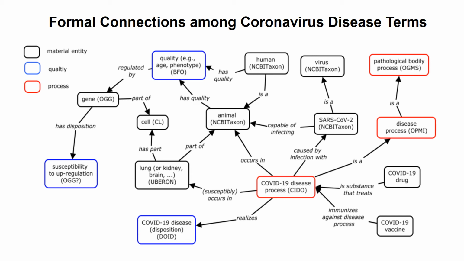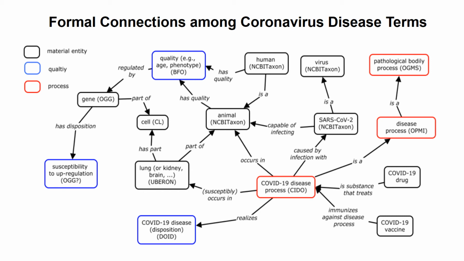And then basically we come to here, where we have cells and then genes, and different genes may be susceptible to up and down regulation. Then they have a disposition of susceptibility, and all those things can be regulated in a way, and they can regulate quantities like age and phenotype, and these things can be important to affect the outcome of the disease.